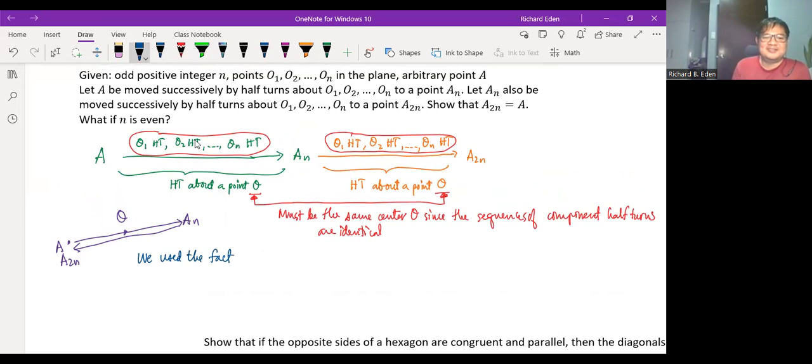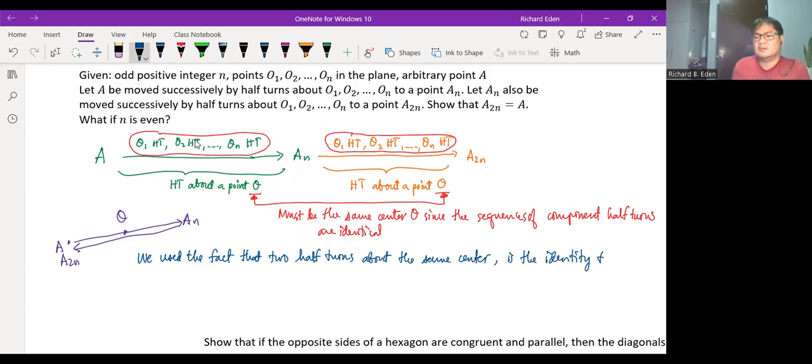Okay, so here's the fact that two half turns about the same center is the identity transformation.